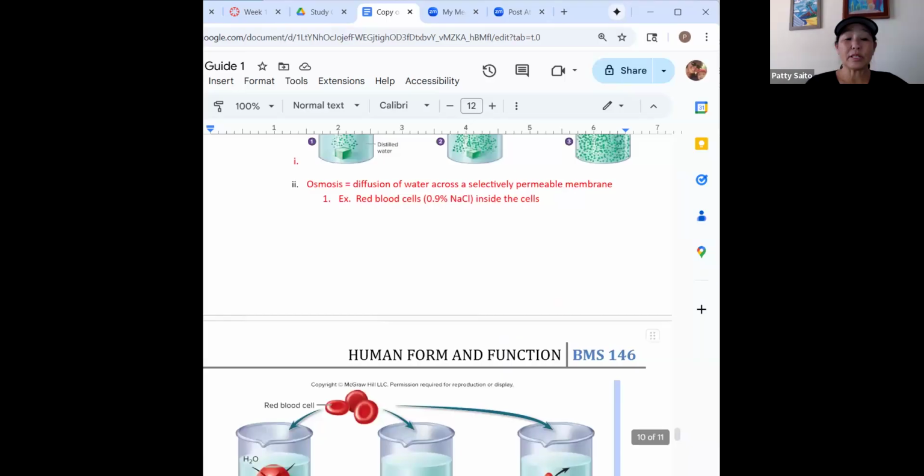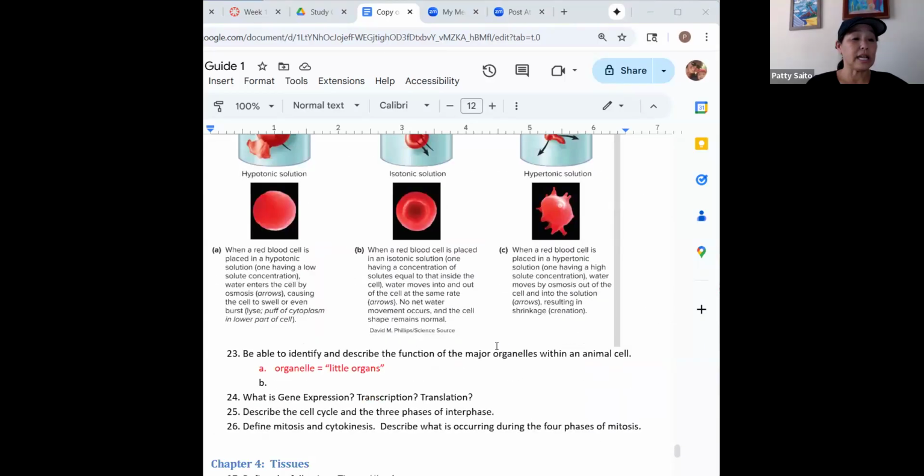All right, there is a third type of passive movement of molecules. This is called facilitated diffusion.